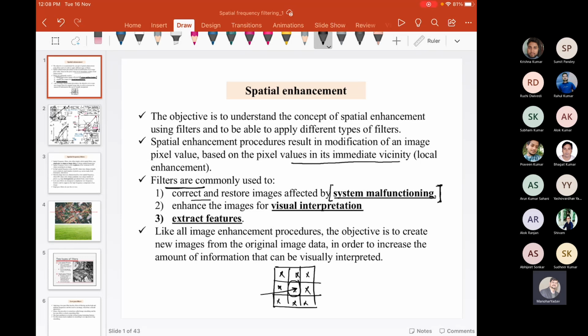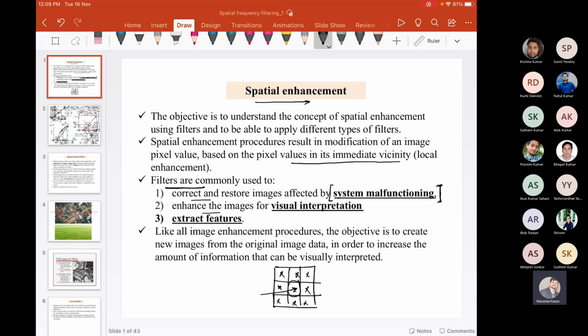Corresponding to that grid cell, faulty digital numbers are assigned, and it is treated as noise. A faulty CCD leads to false assignment of digital numbers, and that digital number is treated as noise in the image, which is corrected by image spatial enhancement.